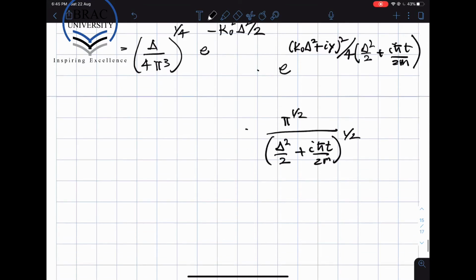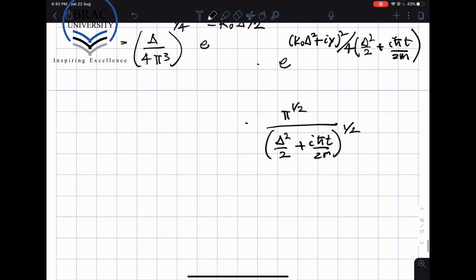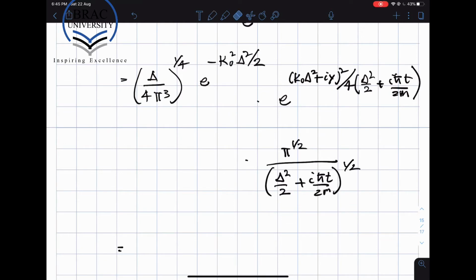Right. Then what we do is simplify things. First, we simplify the normalization constant. So we have del squared by 4 pi cubed, and this is to the power 1/4.